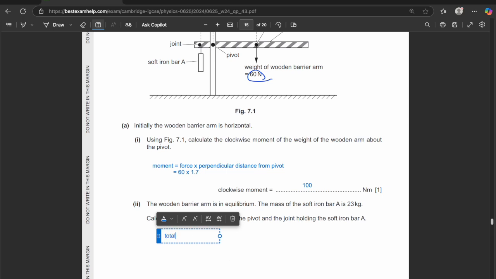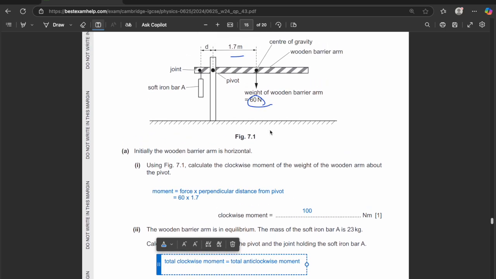Equilibrium, which means total clockwise moment is equal to total anti-clockwise moment. So what is the clockwise moment in this case? From this point, you already calculated that 100 is equal to total anti-clockwise moment, which is D times 23 times 9.8, because it is the mass.